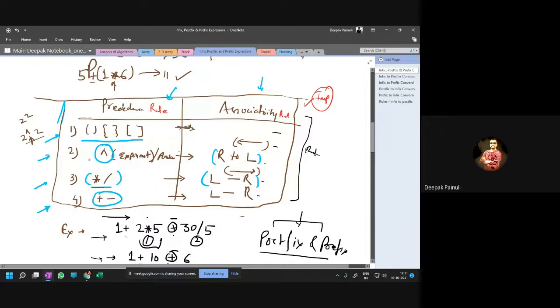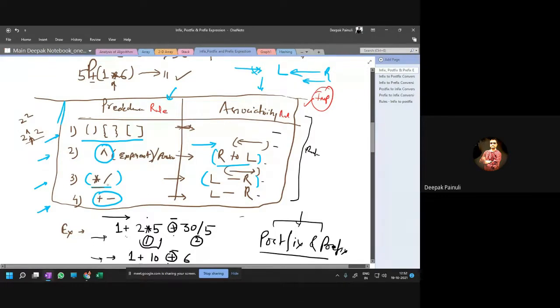If you get multiple exponent operators in the equation, you have to use right to left scanning. It is written over there, right?